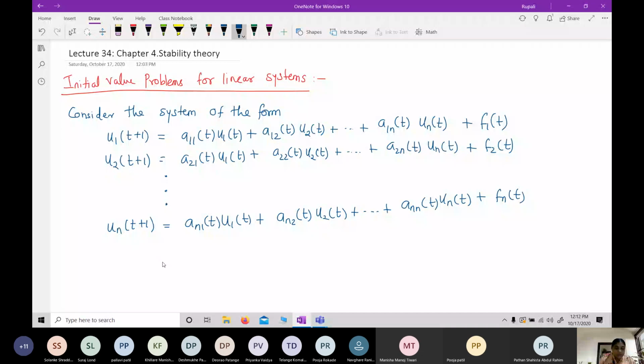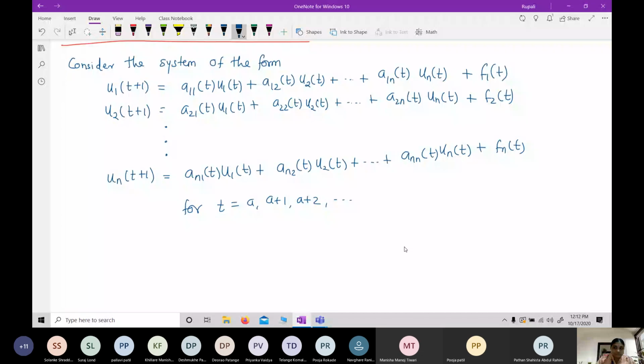Okay, so this is system of n equations in n unknowns. Which are unknowns here? u1t, u2t, unt. These are unknown functions. fit are known functions. aij are also known functions.